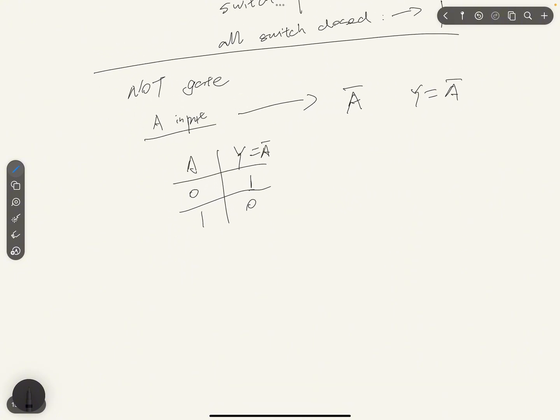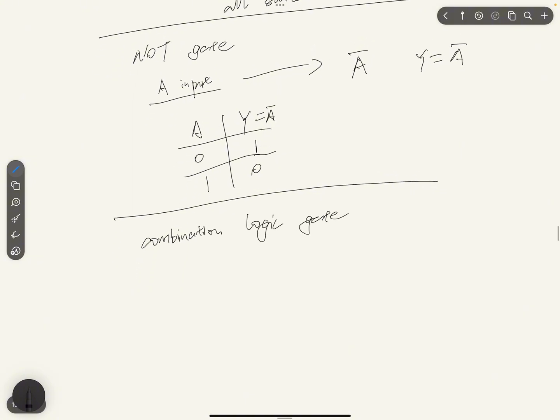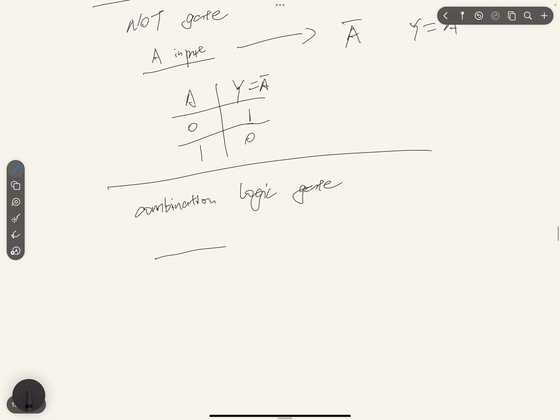Sometimes we could also have combination circuits or combination logic gates. So basically we have either OR gate, NOT gate, they are in one circuit together. Let's say we have something like this. The symbol for NOT gate will be something like this.